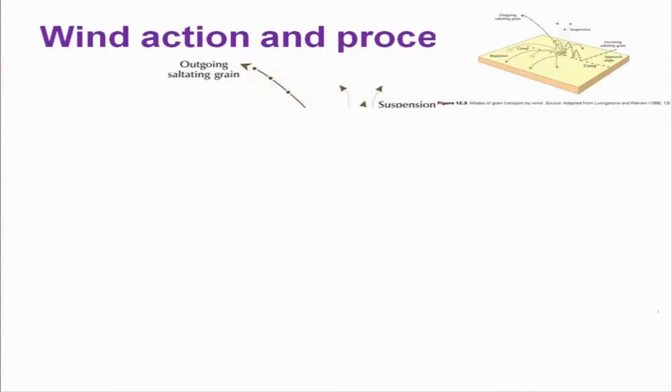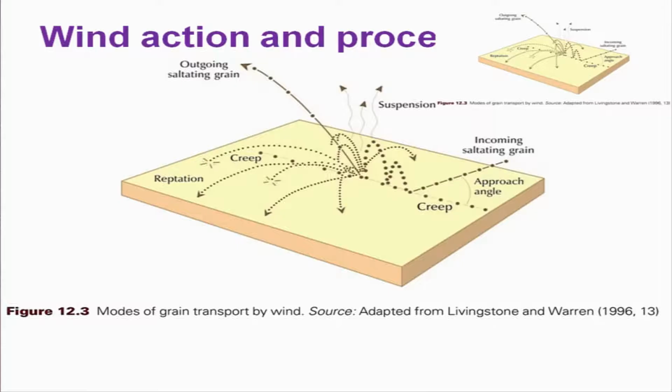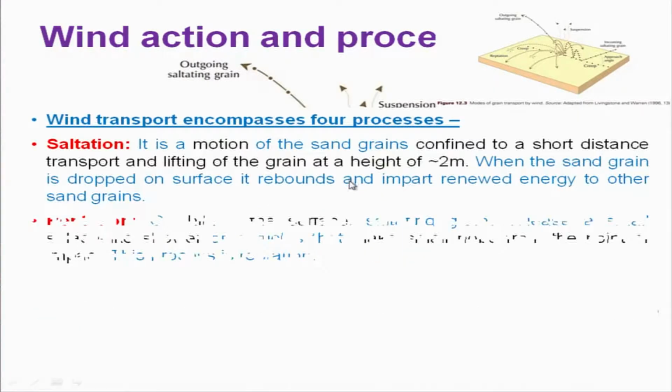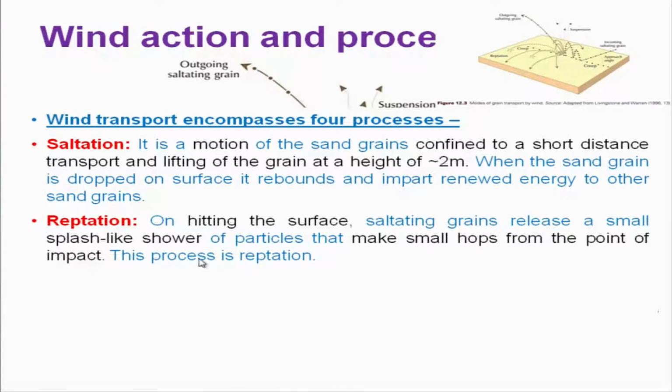So if you see the saltation, then this is what is taking place, or reptation. When you drop one grain here, you will have the sparkling, or the movement of the grains, from that particular point. That is your reptation.